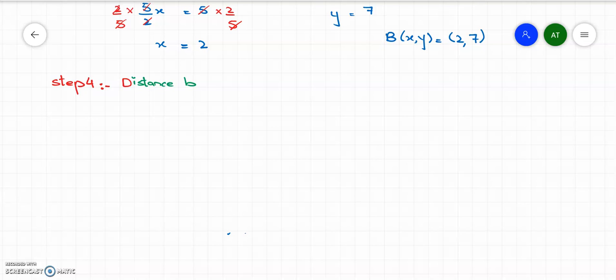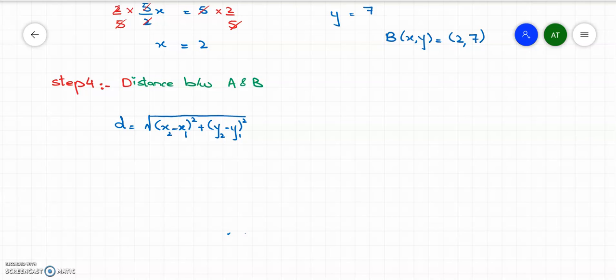Distance between A and B. And we know that the distance formula is d equals square root of (x2 minus x1) whole squared plus (y2 minus y1) whole squared, right? Okay, now what is point A and what is point B?